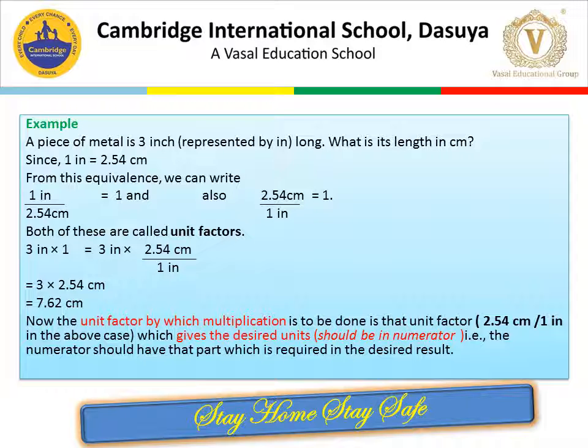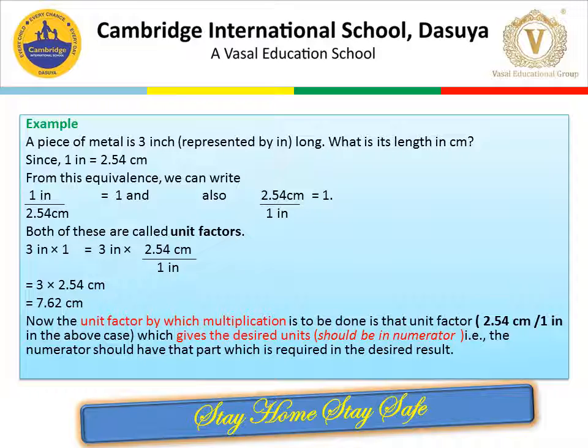In order to convert, we basically multiply any system of unit by 1, and in place of this 1 we put the conversion factor or unit factor. Now if we have to change 3 inch into centimeter, we will write this as 3 inch into 1, and in place of this 1 we will put the conversion factor.